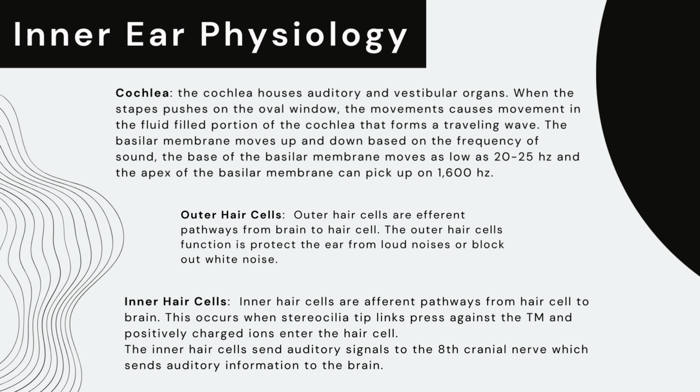This occurs when stereocilia tip links press against the TM and positively charged ions enter hair cells. The inner hair cells send auditory signals to the eighth cranial nerve, which sends auditory information to the brain.